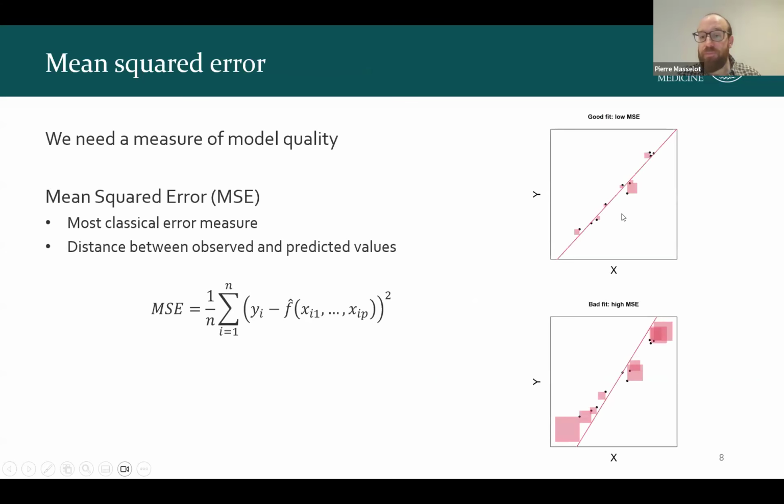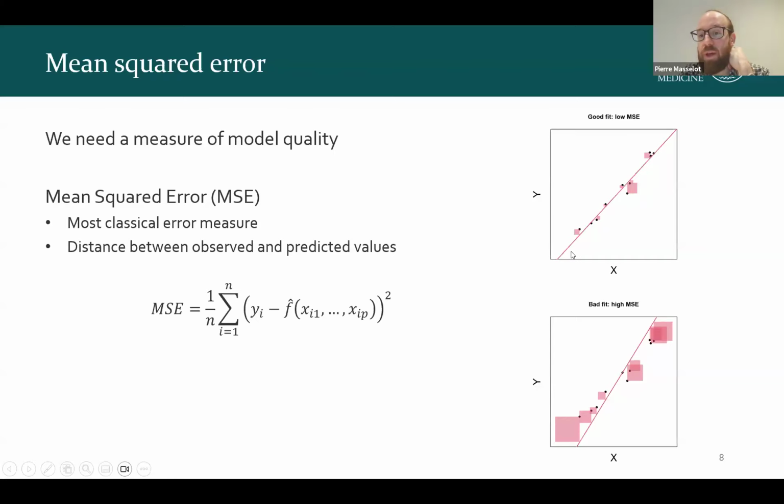Visually, it looks like this. You have your line, for instance if it's a linear model, you have your observation, and the prediction would be along this line. This squared error is the area of this square.